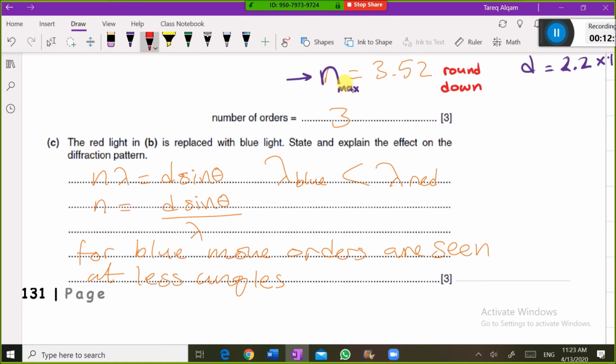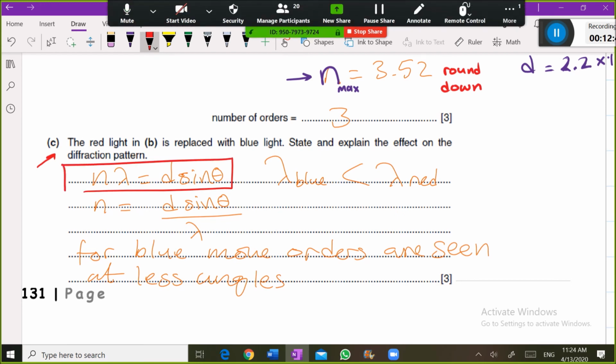The red light is replaced with a blue light. State and explain the effect on the diffraction pattern. Look at this, guys. I'll use the equation for the diffraction grating: N lambda equals d sine theta.